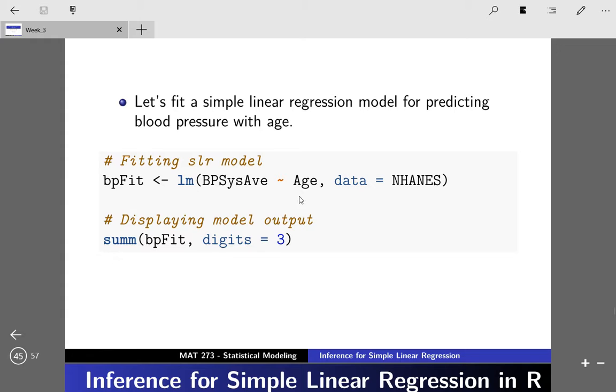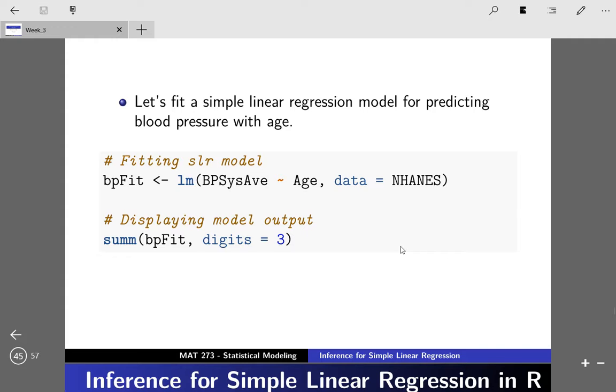So using the lm function, we are modeling blood pressure as our response using age. This makes more sense here in that we probably wouldn't be as interested in predicting someone's age given that we know their blood pressure. Usually it'd be the other way around. We want to know what type of blood pressure we should expect for someone given their age. That would be more helpful for doctors.